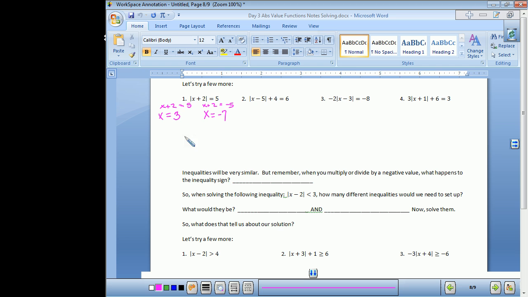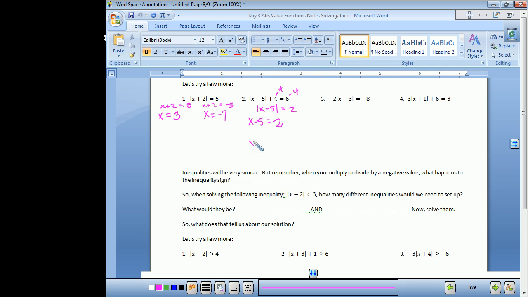I understand. Okay, cool. Alright, so on this one, we can't split it until we have the absolute value part by itself. So what needs to move to get the absolute value part by itself? Yes, minus 4. So we have the absolute value of x minus 5 equals 2. So now we set up our two equations. The first one, x minus 5 can equal positive 2, and that would be true.